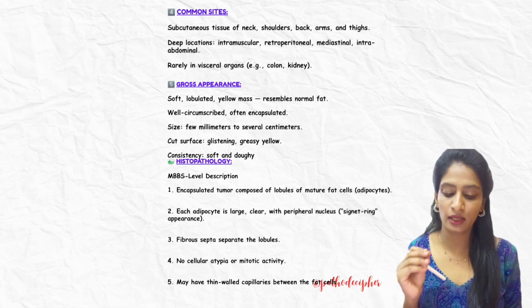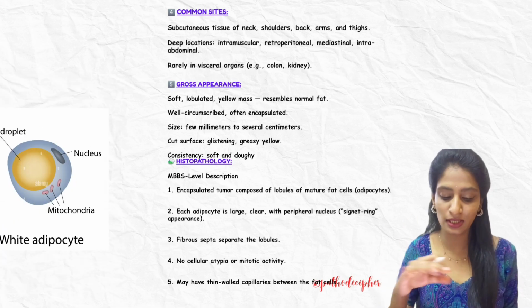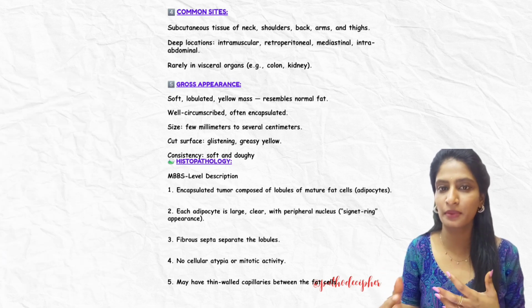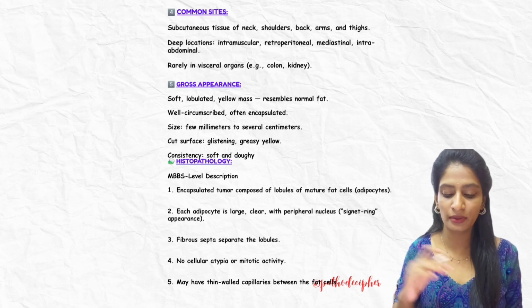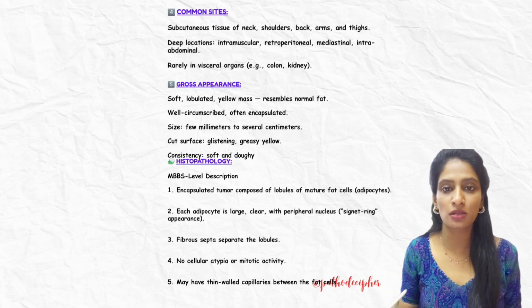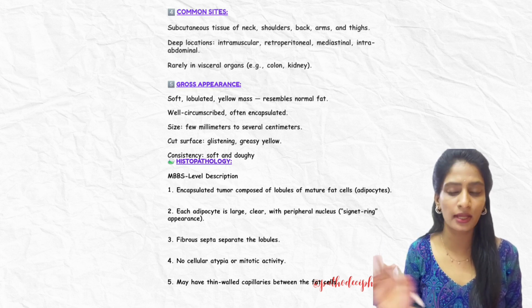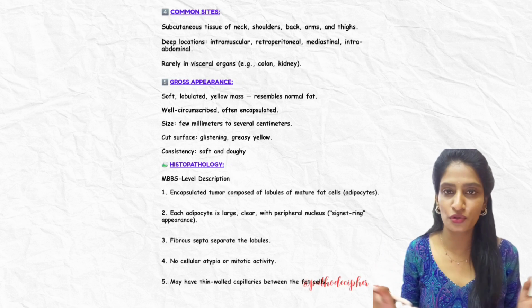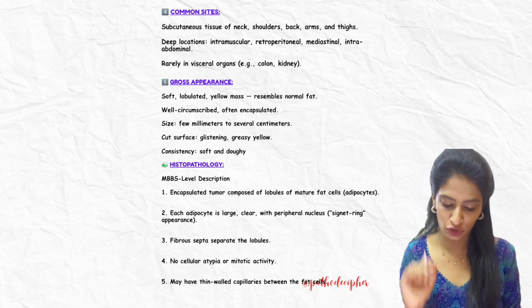Each adipocyte will be large, with a clear cytoplasm and a peripherally placed nucleus, a signet ring kind of appearance. And as we told before, there will be lobules separated by fibrovascular septa. There will be no cellular atypia, no mitosis, no necrosis, no aggression, no invasion. It's just a benign tumor.